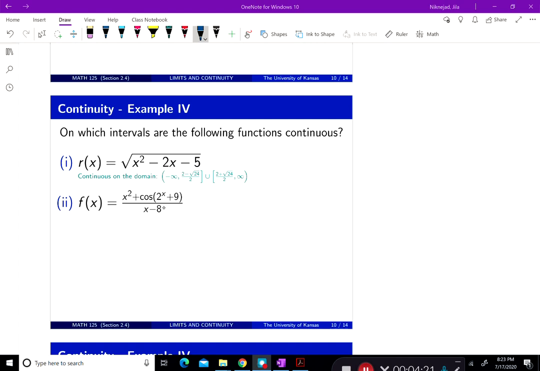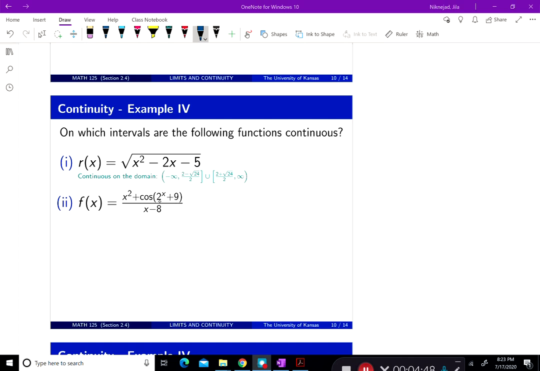Again, the function is elementary because it's a finite number of compositions, or plus, minus, times, divide of the elementary functions that we know.